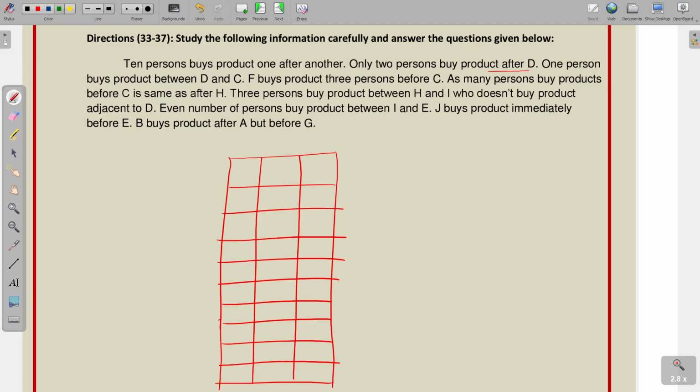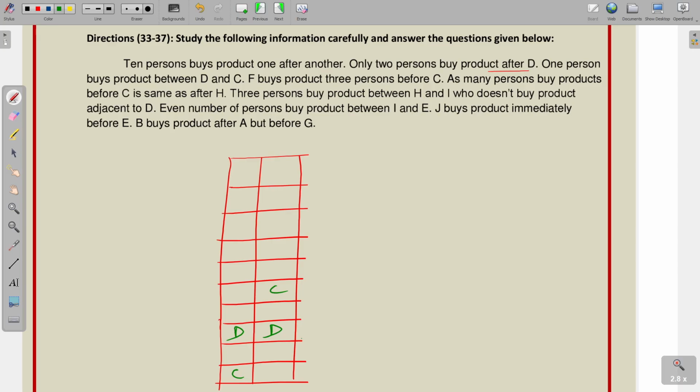Suppose 1 2 3 4 5 6 7 8 9 and 10. So if D is placed here, there are 2 persons after D. Next, 1 person buys product between D and C. So D and C have 1 person between them, no need for the third possibility.